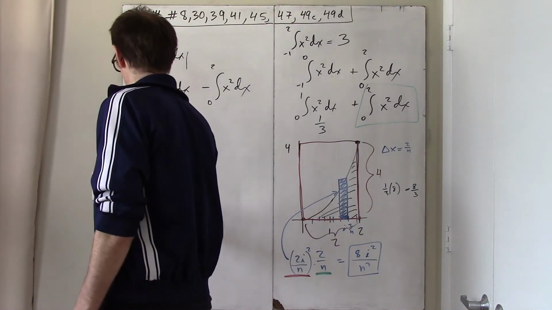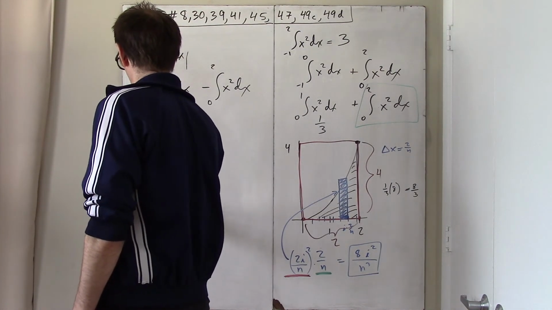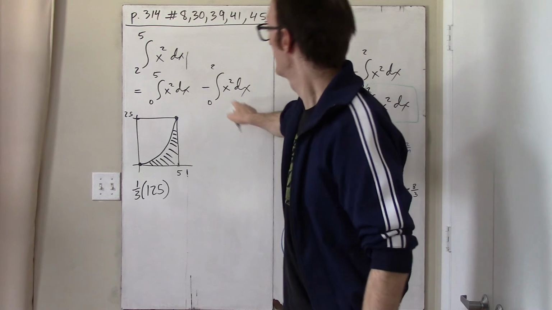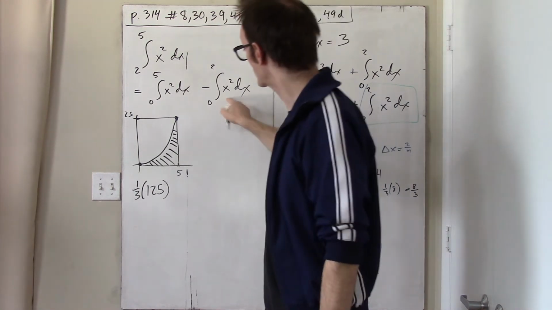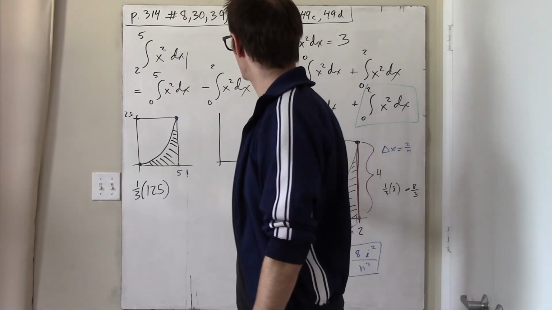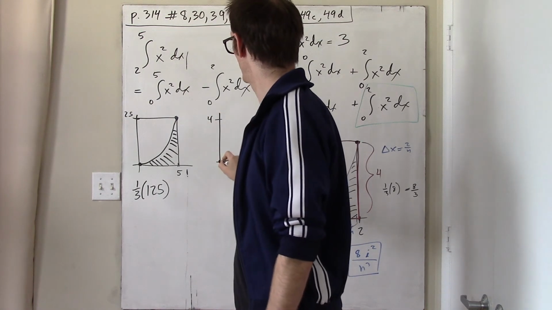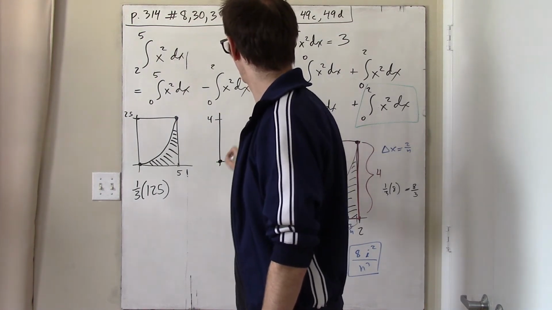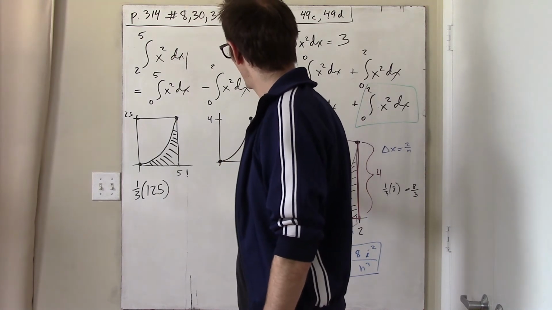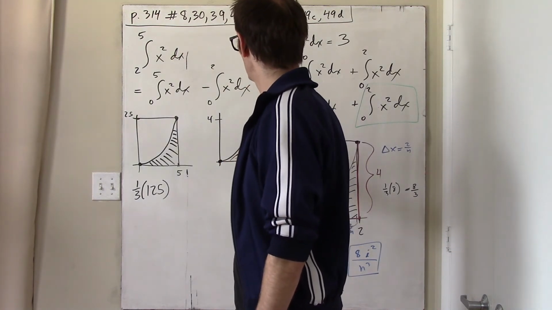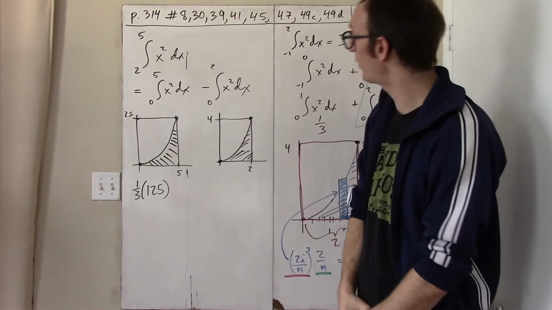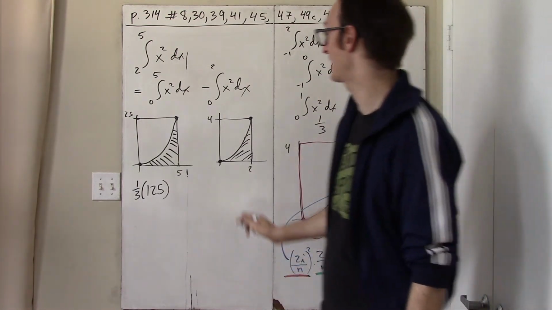We know, so this is going to be 1/3 of 125. And this integral from 0 to 2 of x squared, this is a repeat of what we just did, picture not to scale. This is going to be the area under the parabola y equals x squared inside of a 2 by 4 rectangle, and it's going to take up 1/3 of that.